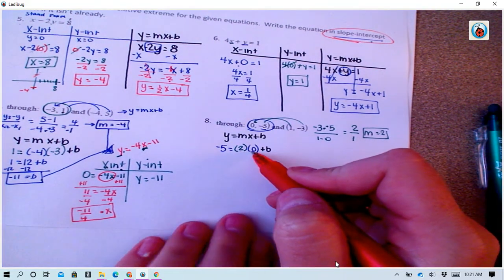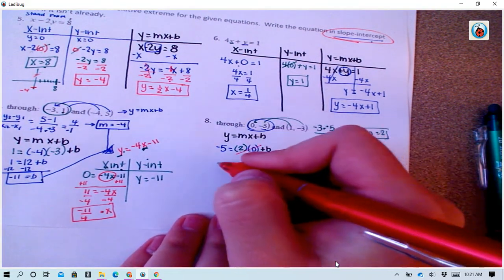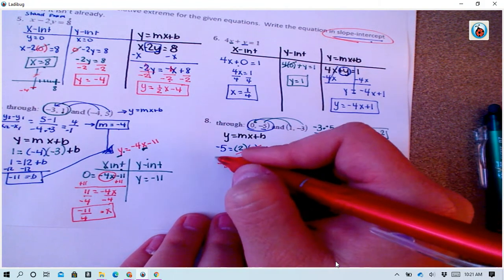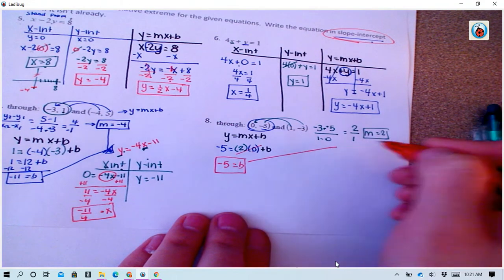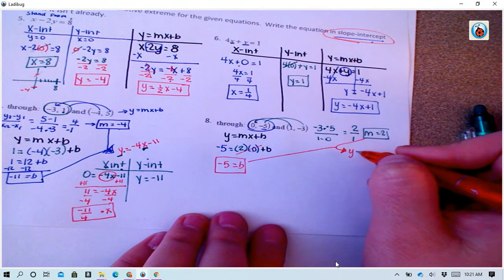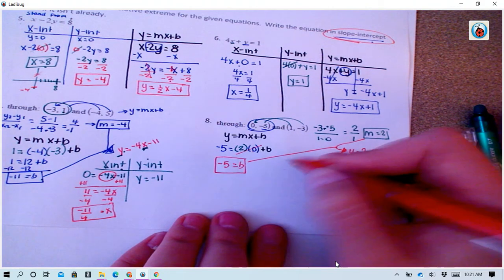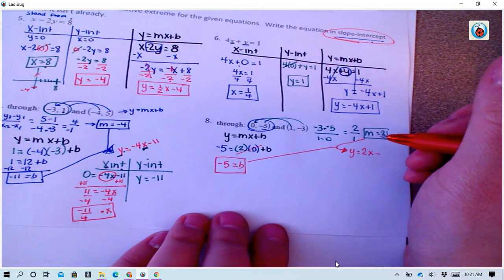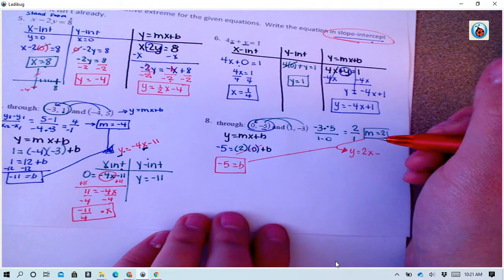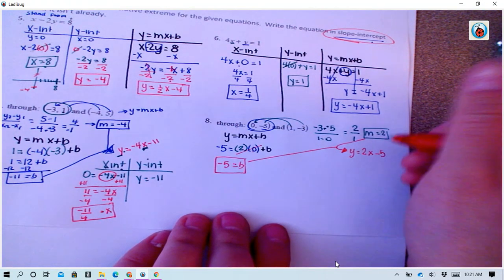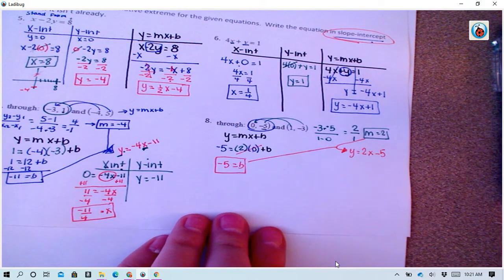So 2 times 0 is 0. That just goes away. That leaves me with negative 5 equals b. So we're going to take our y-intercept and our slope and write an equation. Y equals, our slope is 2. Our y-intercept, or the b value, is a negative 5. So our equation is y equals 2x minus 5.